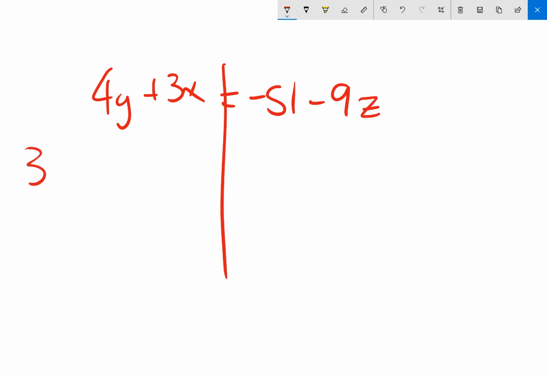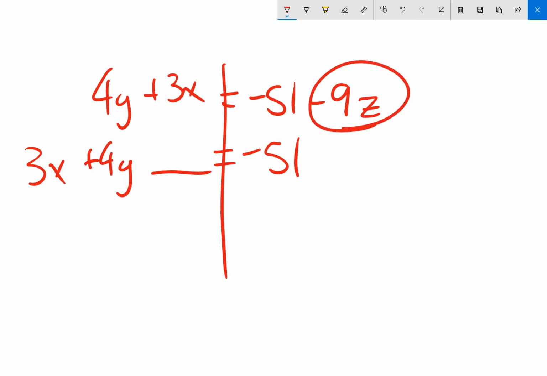So I'm going to have 3x plus 4y. Now I know my z term is going to need to go here, and then negative 51 is going to need to stay there. So the only thing I have to move is my z term, right? My z term needs to be on the other side here. Now to move it to the other side, because it is minus 9z, I'd have to add the 9z to both sides. So when I move it over here, it's going to be plus 9z rather than minus 9z. So there's my equation. It's 3x plus 4y plus 9z equal to negative 51.